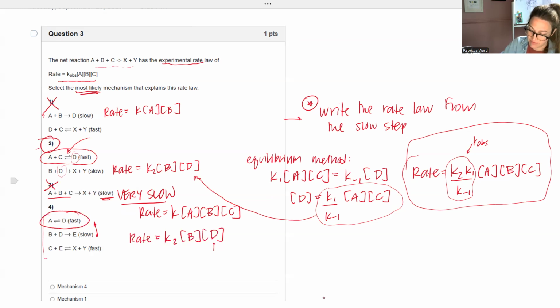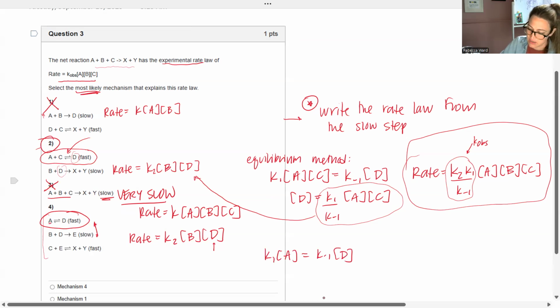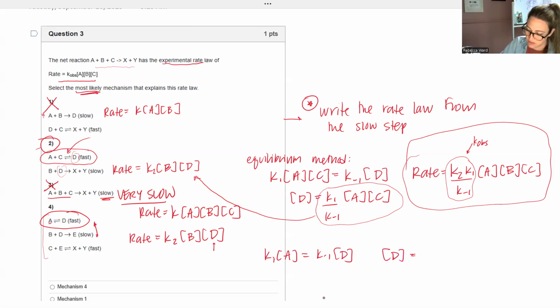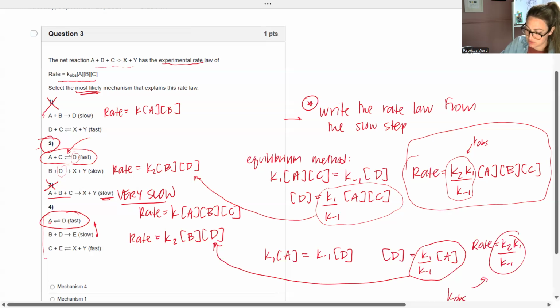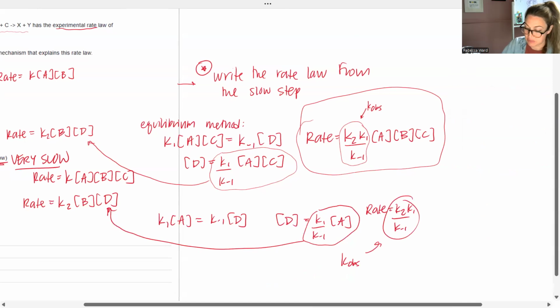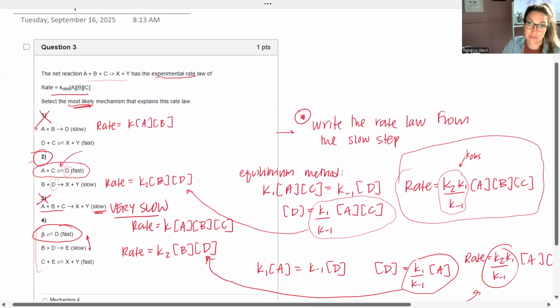Now I have K1 times A equals K minus 1 times D. It just depends on A here, converting to D. So D equals K1 over K minus 1 times A. This is what gets plugged in, and we have a rate law of rate equals K2 K1 over K minus 1, which we can shorthand as K observed, times A times B. We don't have the dependence on C like we do in the experimental rate law that was observed per the introduction of this question.